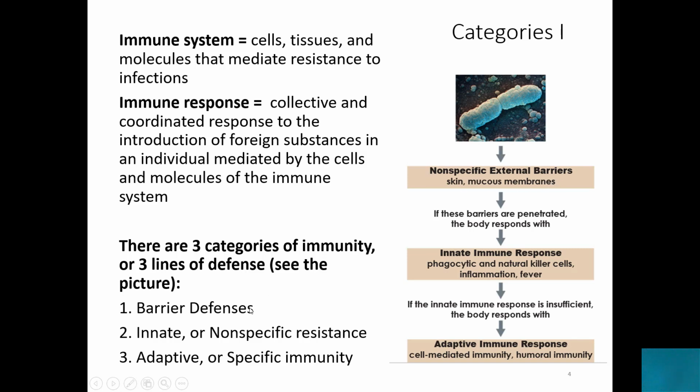If those barriers are penetrated and bacteria or virus are inside, causing inflammation, then innate or non-specific defenses start working, killing that infection. But those cannot memorize that response for the future. And to recognize that infection in the future and prevent that disease from happening a second time, remember you can never get chickenpox a second time, we have adaptive immune response or specific immunity.